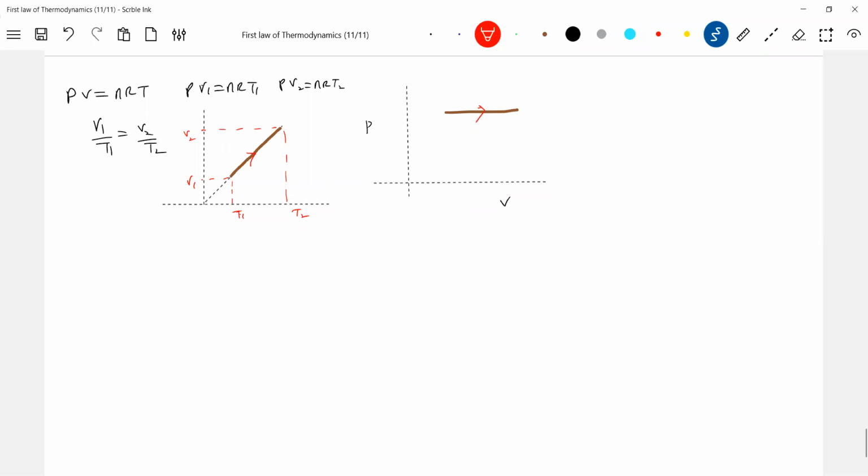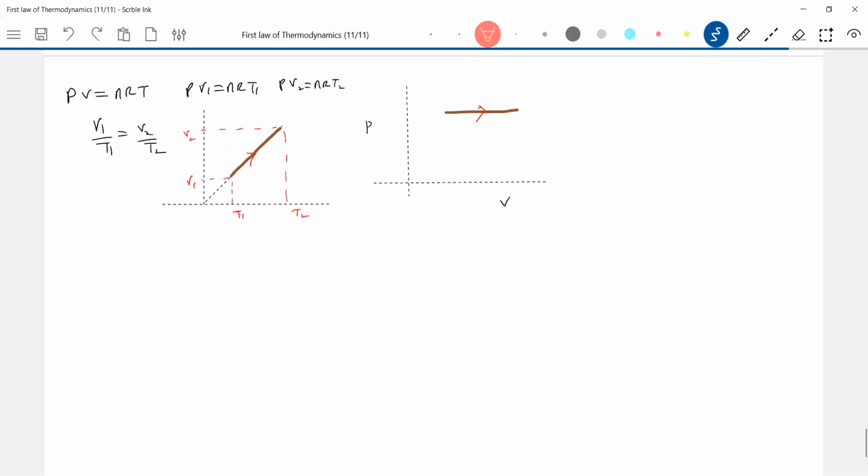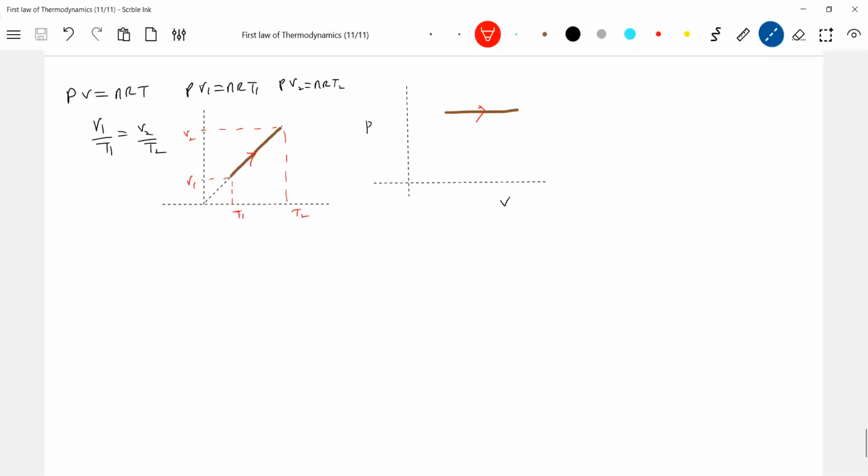Okay, this is about the volume versus temperature, pressure versus volume, and temperature versus pressure graph: a vertical line, it should be either a vertical line. Then definitely it should be an isobaric process.